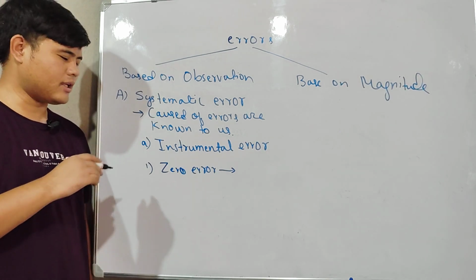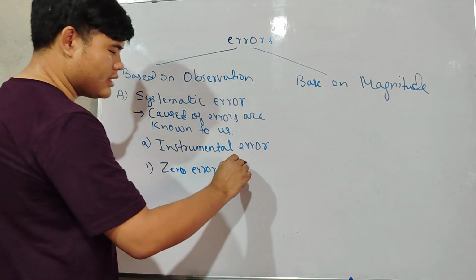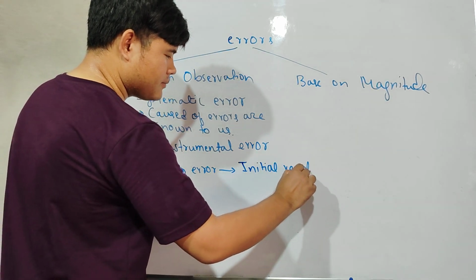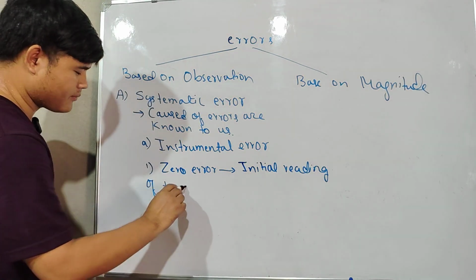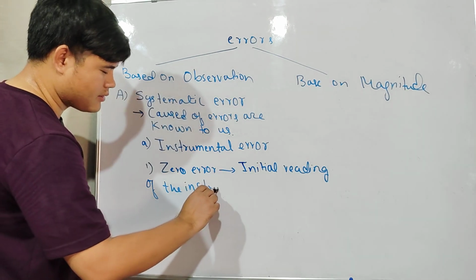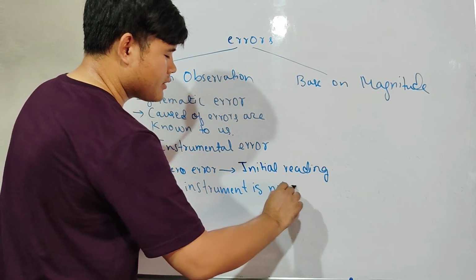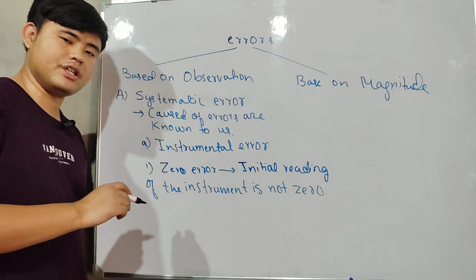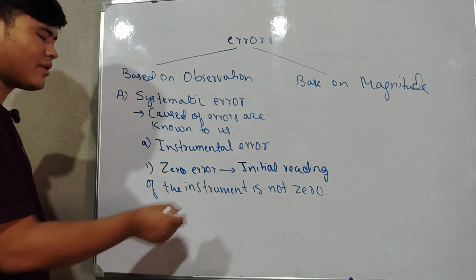That type of error is called zero error. In zero error, the initial reading of the instrument is not zero. This is known as zero error.